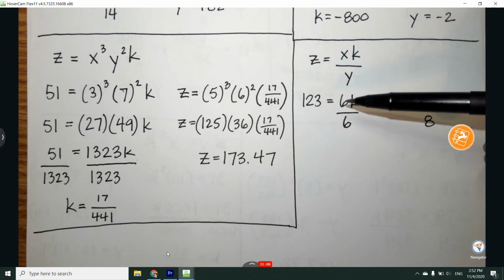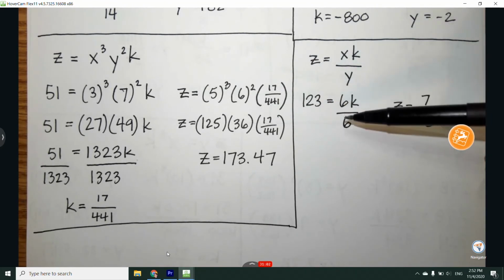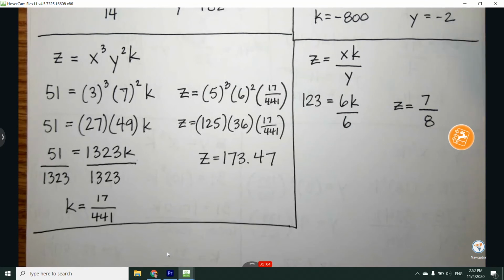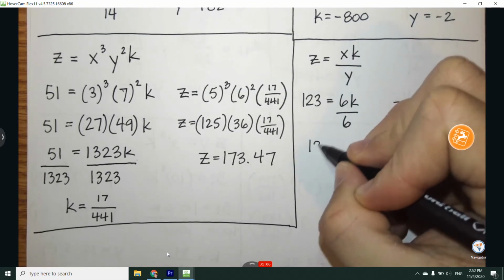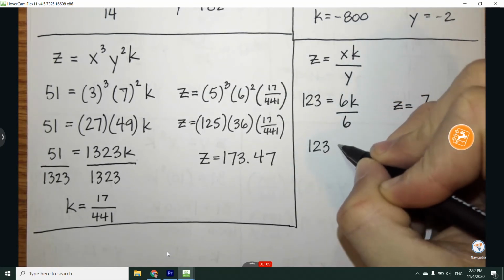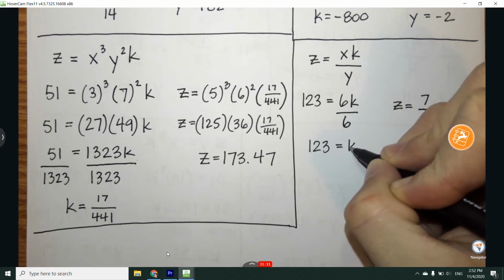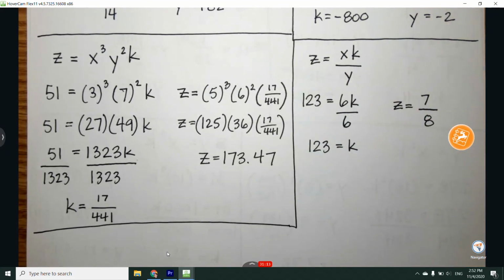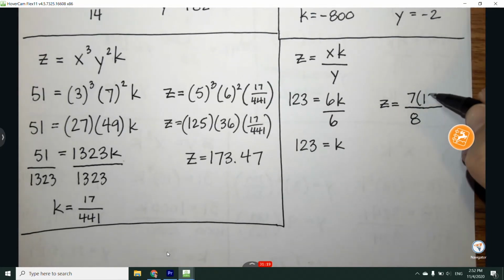Now, when we start this problem, we can just do 6 divided by 6, which gives us 1, right? That actually gets rid of our 6's and just says that this is what our k is equal to, is 123. So really, we're just going to have to plug in 123 as our k when we do this second equation.